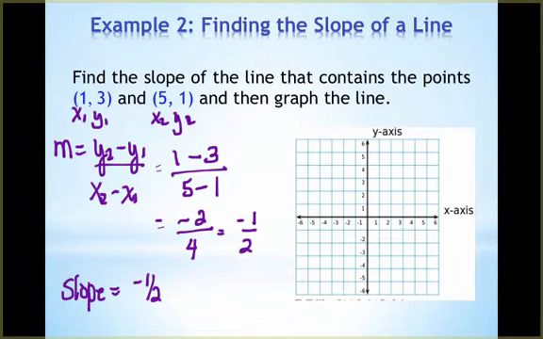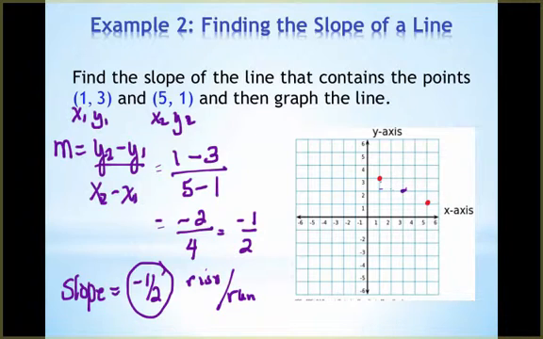If I take the point 1, 3 and the point 5, 1, and then look at my rise and my run, since my rise is negative, then that means we're going to go down first. So I would go down 1 over 2. Now notice that that does not put me at my other point.